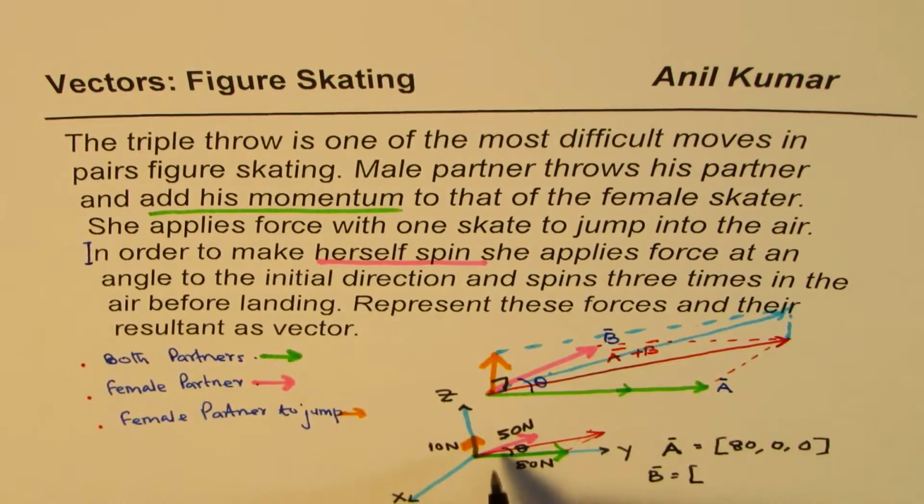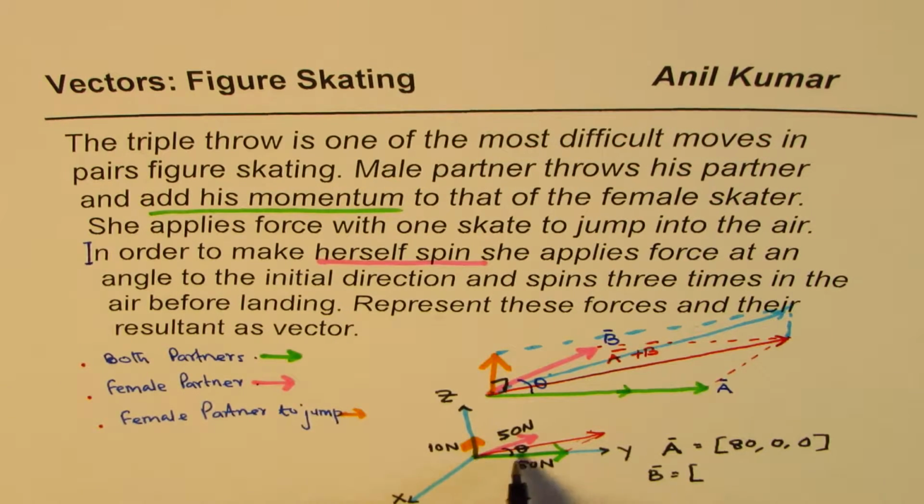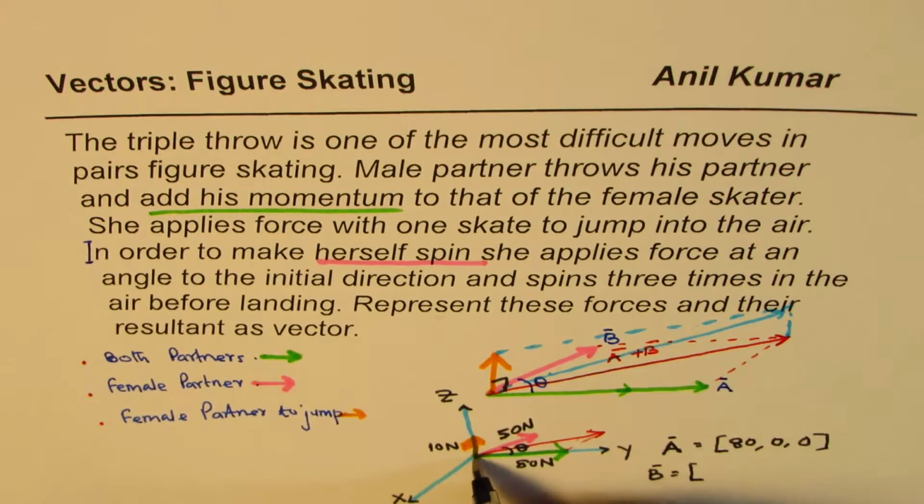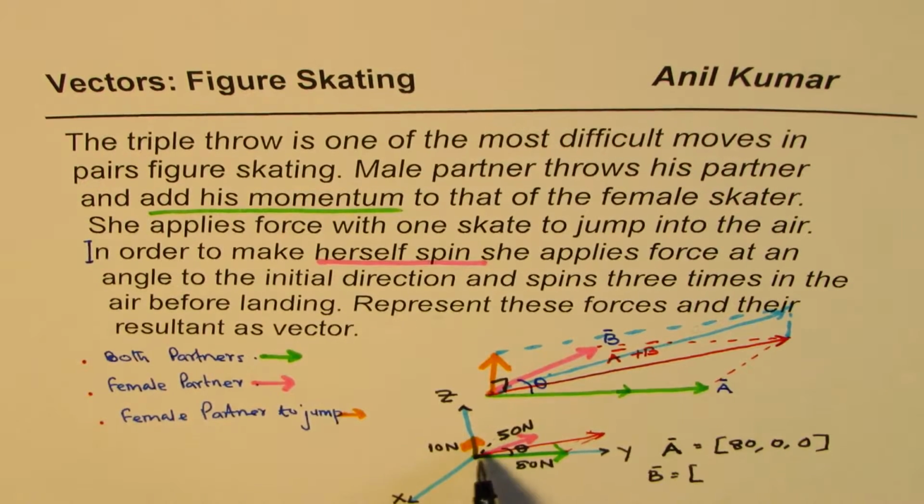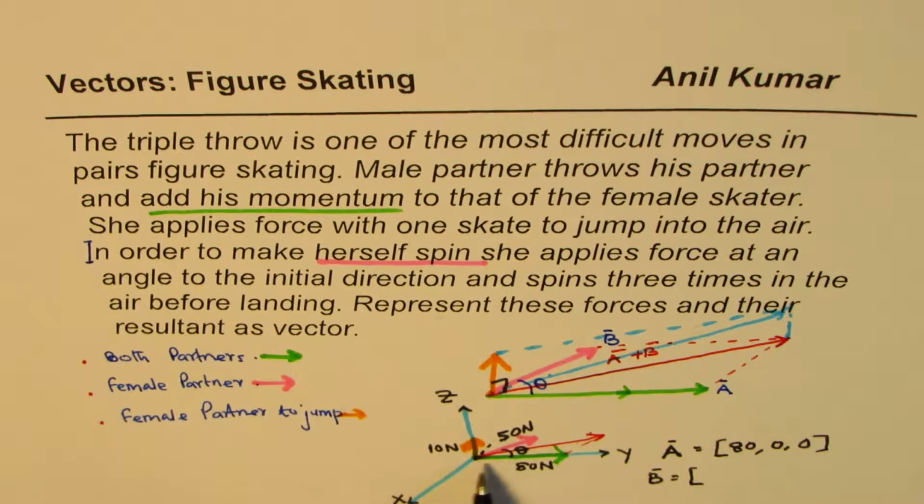So the force B, whose magnitude is approximately this much, could be resolved into x and y directions. In x direction, it will be sine theta of this. Theta is the angle which it makes with the y-axis in this case, so the cos theta component is along the y-axis, and the sine component along x.